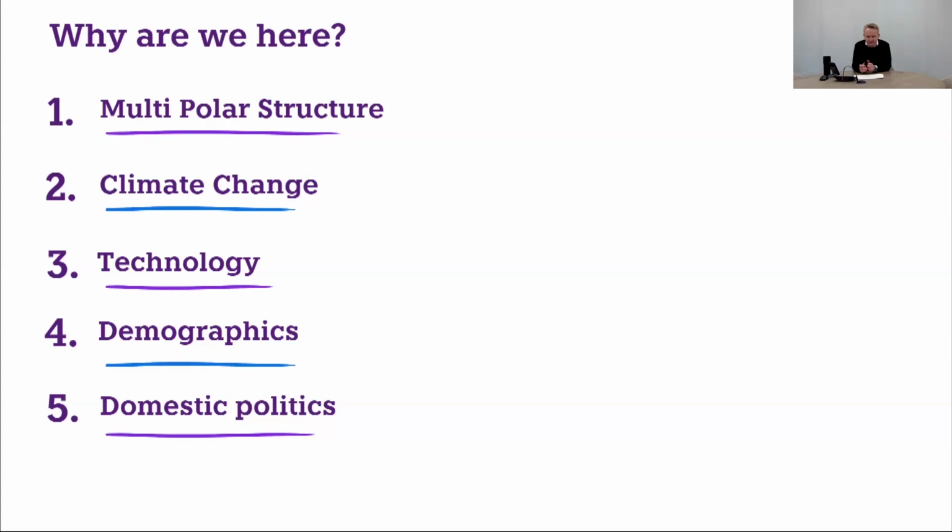And that leads me to number 5, where the issues in the Middle East are almost a reflection of some of the fractured politics in the US, but also how it comes through in Europe as well. And I think together these 5 things will be important in helping us navigate the future. Next slide, please.